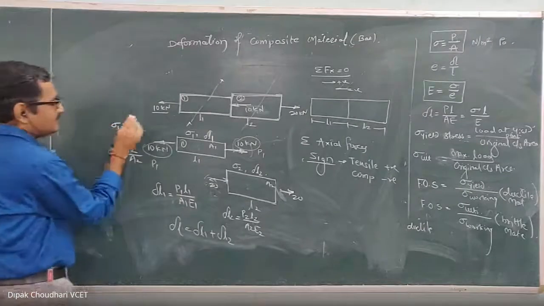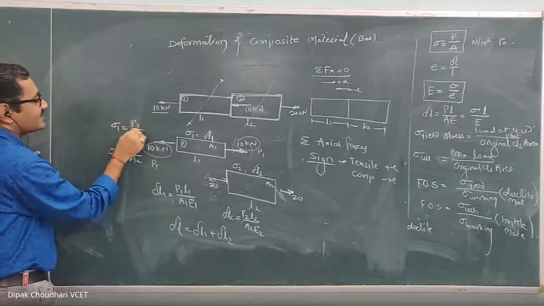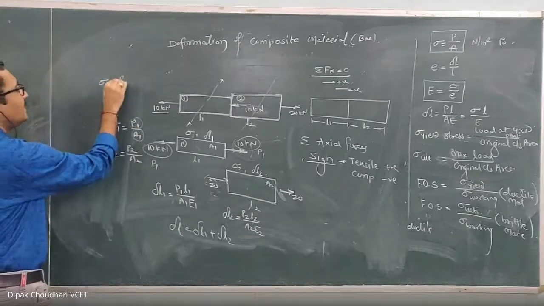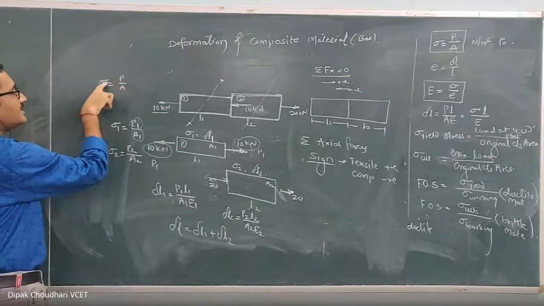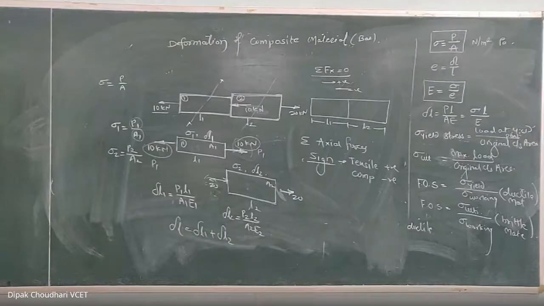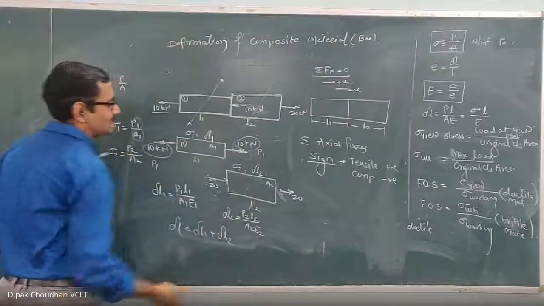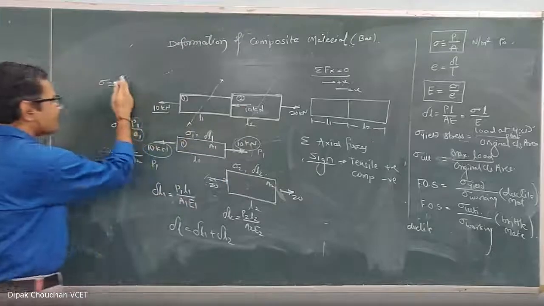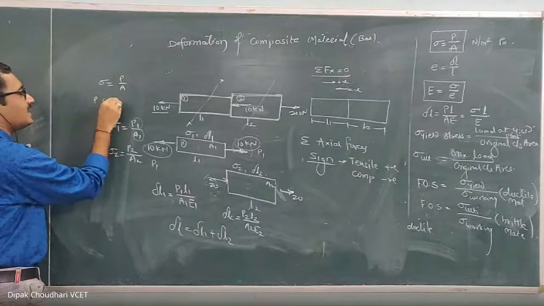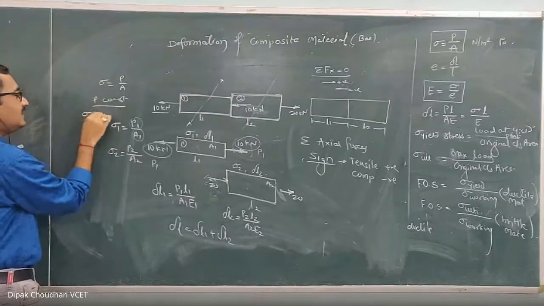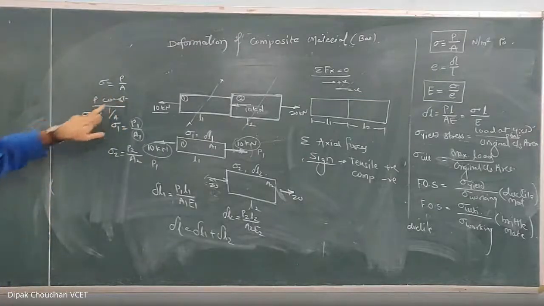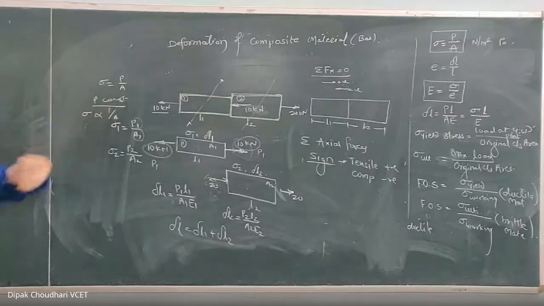Now this stress you can observe that it depends on the axial force as well as area. Remember one thing, stress equal to P upon A. It depends on axial force P as well as cross-sectional area A. If I consider two different components on which the same axial force is acting, then if P is constant, stress is inversely proportional to the cross-sectional area.